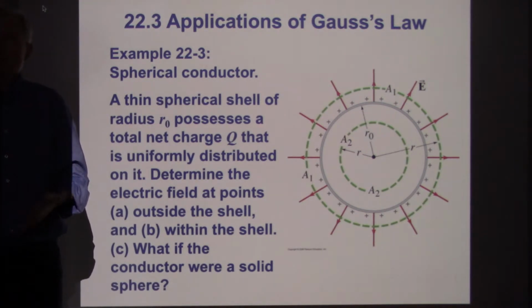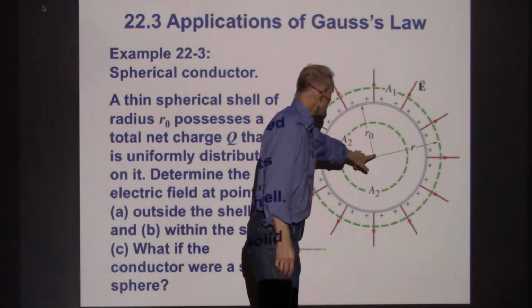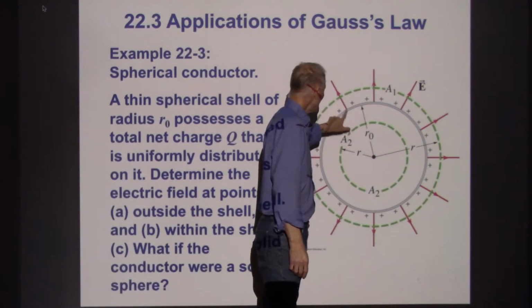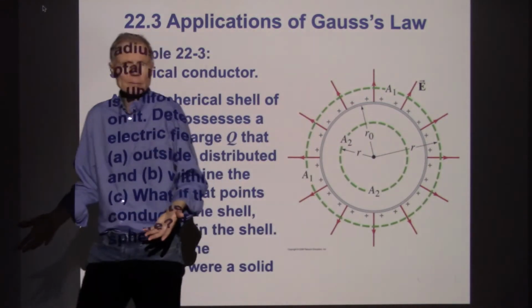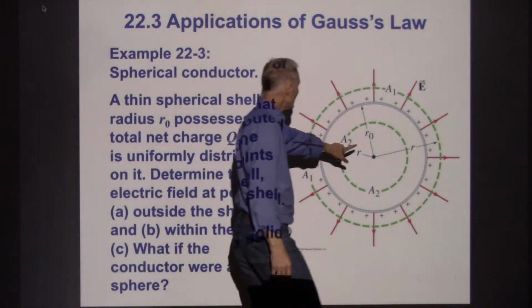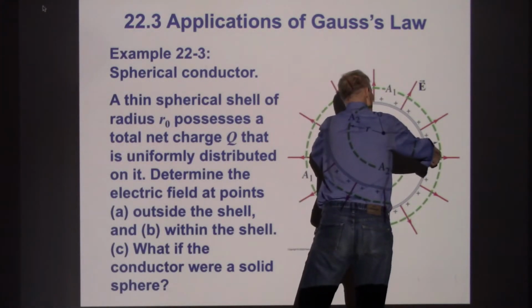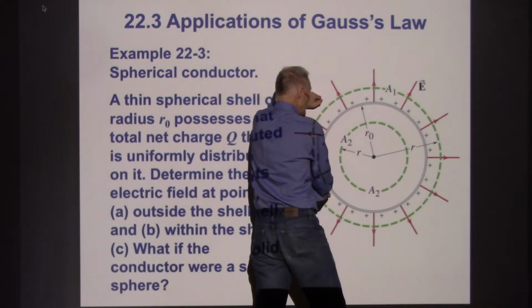Now, at first you might think, well, sure, the electric field is going to be zero right at the center because there's going to be perfect cancellation, and you'd be correct. The electric field is zero at the center because if I'm right at the center, the electric field from here exactly cancels the electric field here.